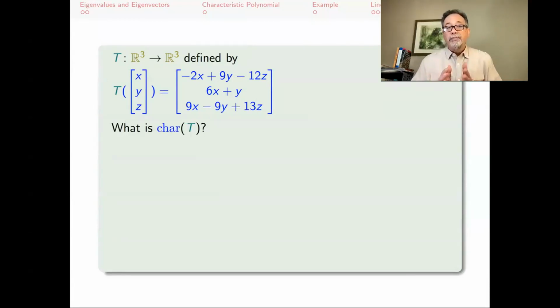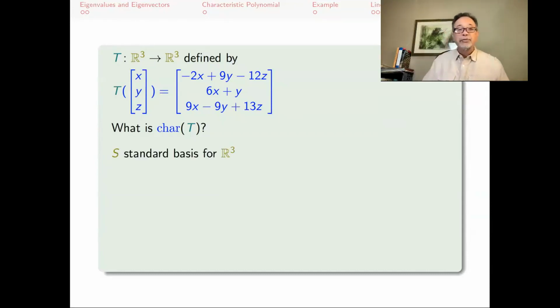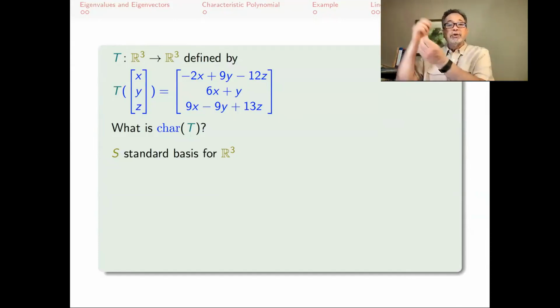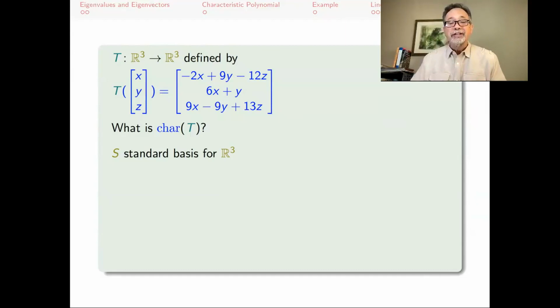So our plan is to find a matrix for this linear transformation and then find its characteristic polynomial. To find a matrix for a linear transformation, you need a basis, so you might start with the standard basis for R3: 1, 0, 0, 0, 1, 0, 0, 0, 1. How do you find the matrix of the linear transformation with respect to that basis? Look at the videos that tell you how to find matrices of linear transformations, but you take the first basis element 1, 0, 0 and plug it into the function.